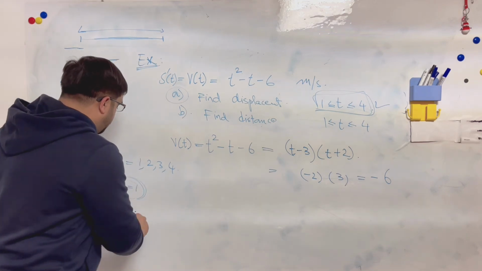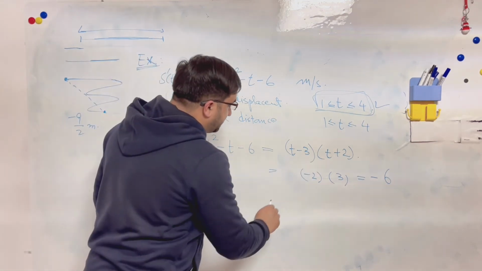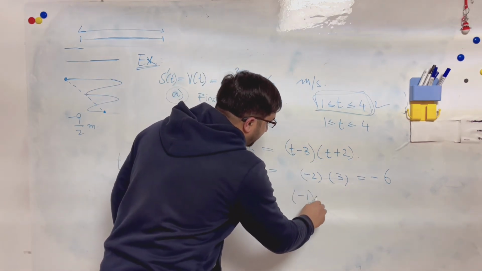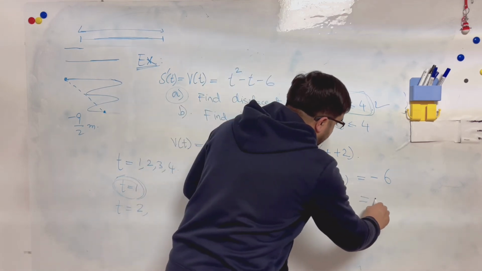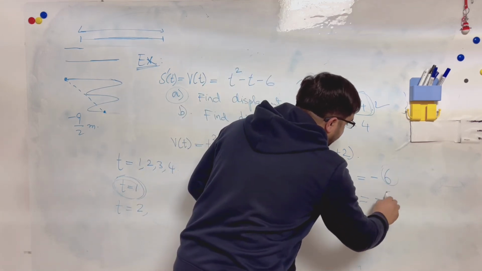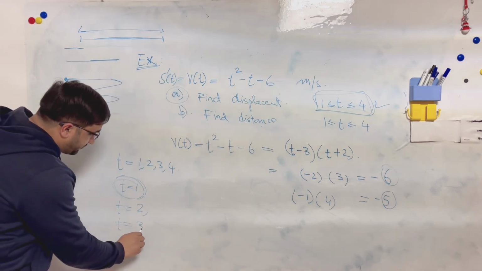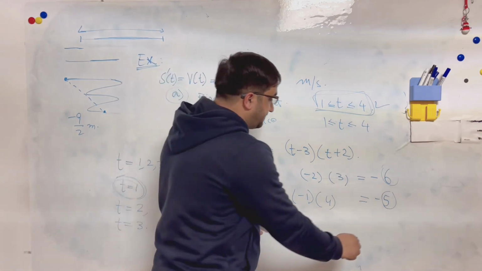Okay, now take the second value, 2. When you put 2, it will become 2 minus 3, a minus 1, into 2 plus 2, a 4. Again the answer is negative. Similarly, when you put t equals 3, it becomes 3 minus 3, 0. So the answer is 0.